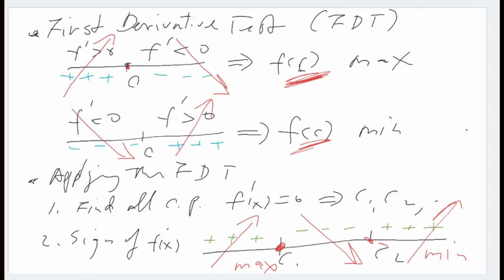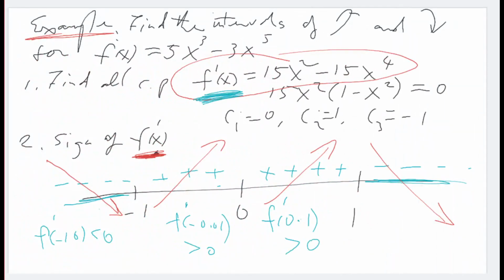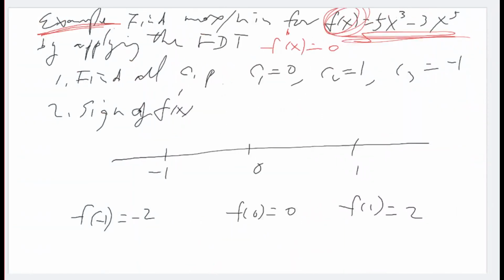Okay, so let's recall our sign chart. Negative, positive, positive, negative. All right, so let's just copy over the result. We had negative, positive, positive, negative.